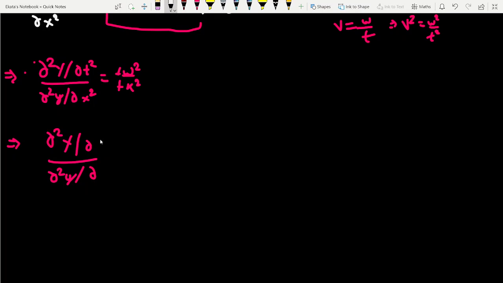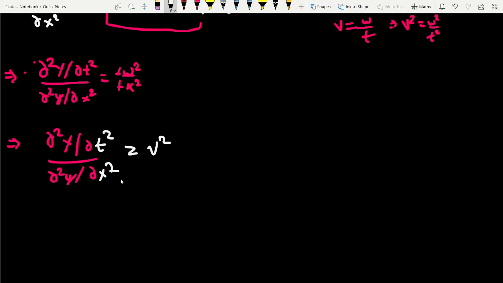So here is del t square and here is del x square. So our equation becomes equal to the velocity square.